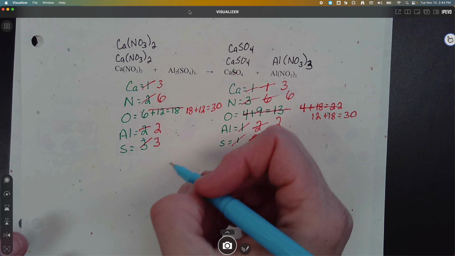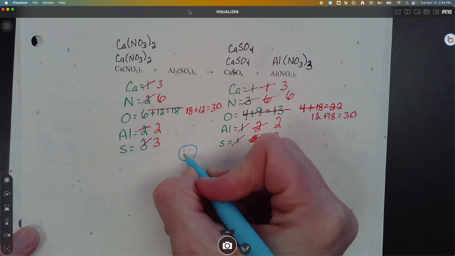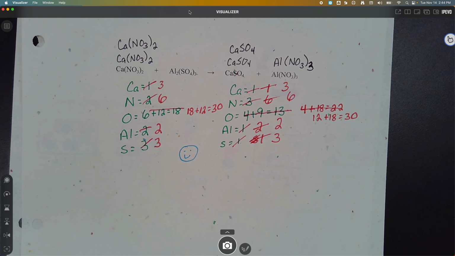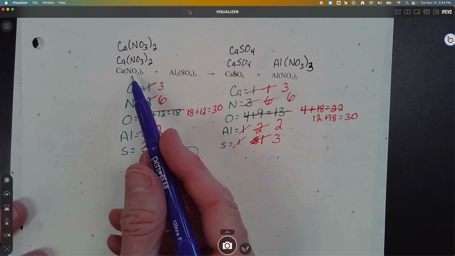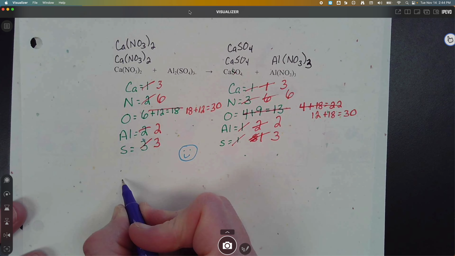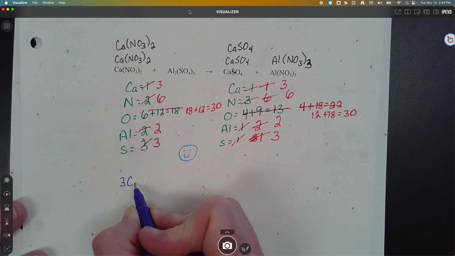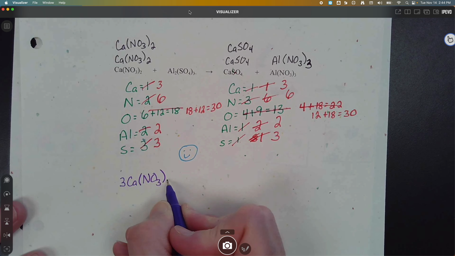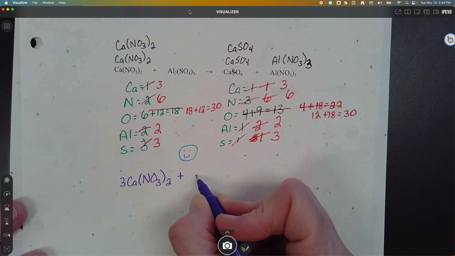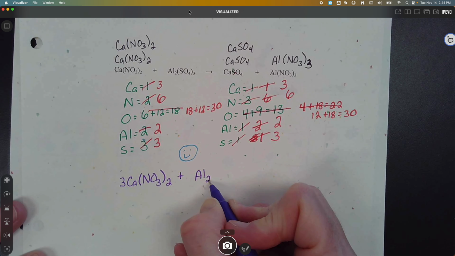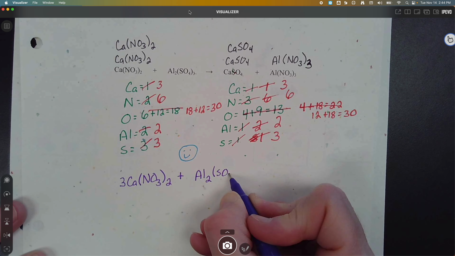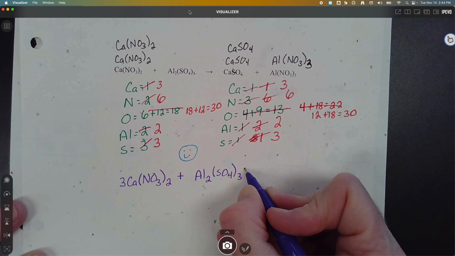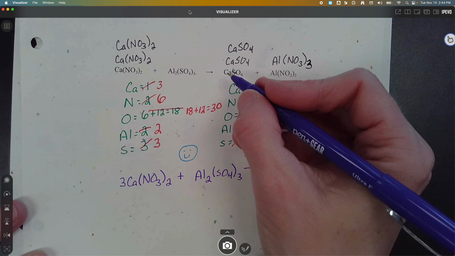And I've made it. Everything matches up on both sides. So now we just have to count our stacks and write our balanced chemical equation. This is a stack that's 3 tall. So I have 3 CaNO3 2 plus Al2 SO4 3 yields 1, 2, 3.